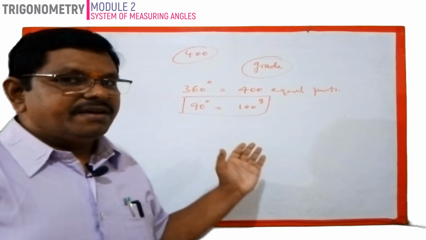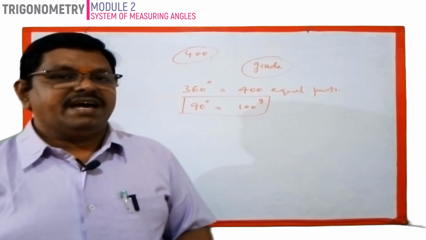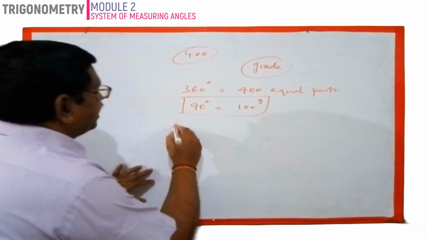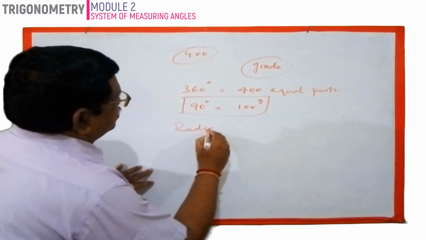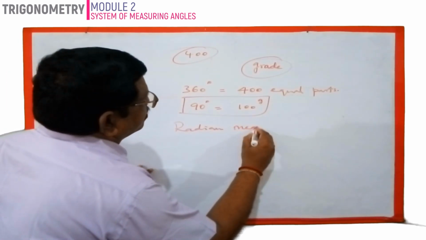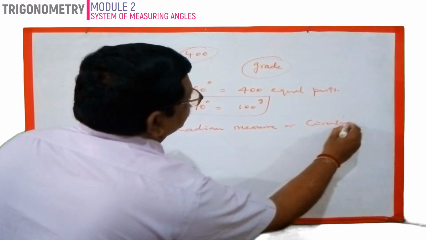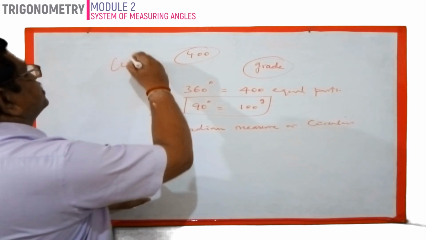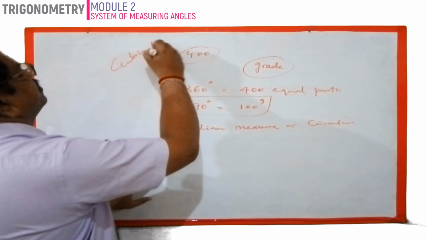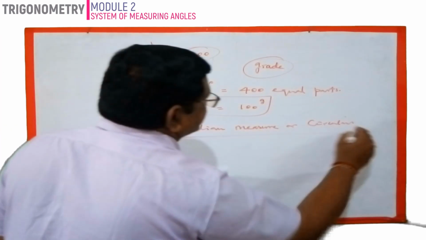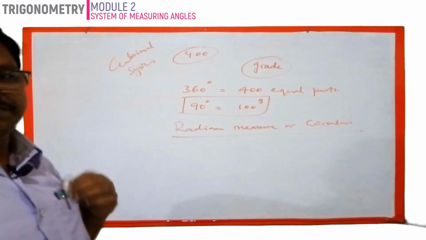In this way, we are measuring the angle in another way also, that is called radian measure or circular measure. The final system is radian measure or circular measure.